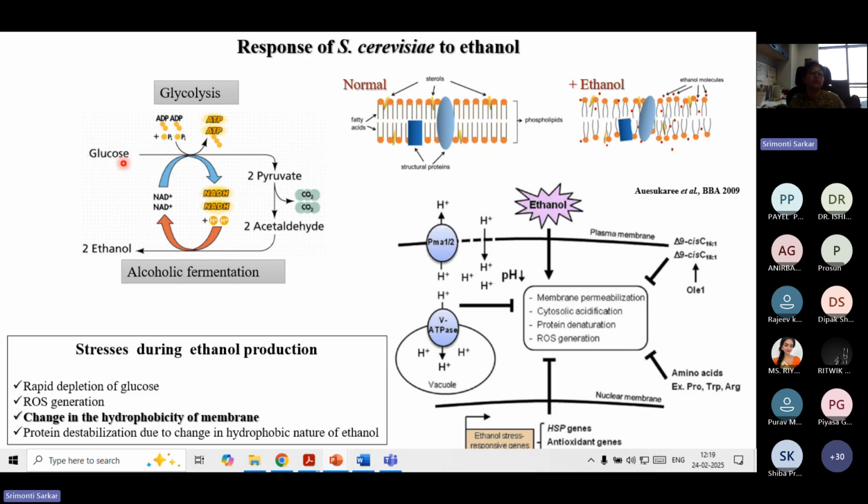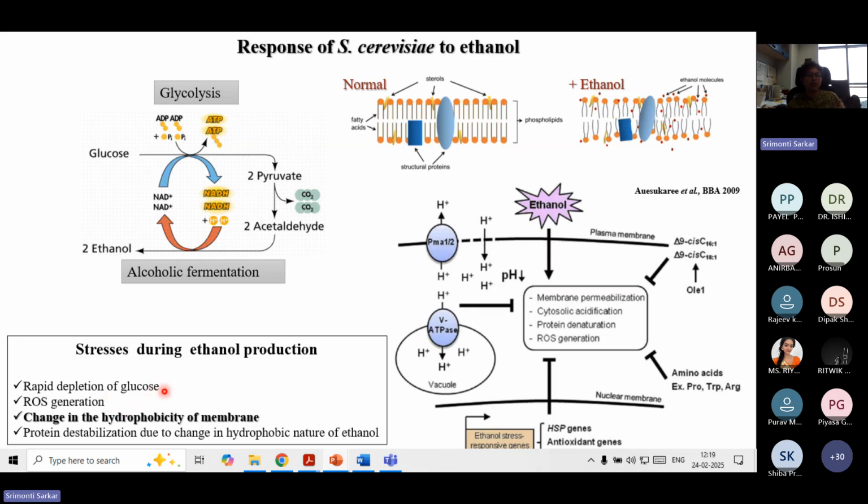So consequently, to survive, yeast need to use glucose at a very rapid rate, because instead of being converted to carbon dioxide, glucose is now being converted to ethanol. So there is a rapid depletion of glucose. Ethanol production, in some sense, is also a nutritional stress, because the major carbon source is becoming limiting.